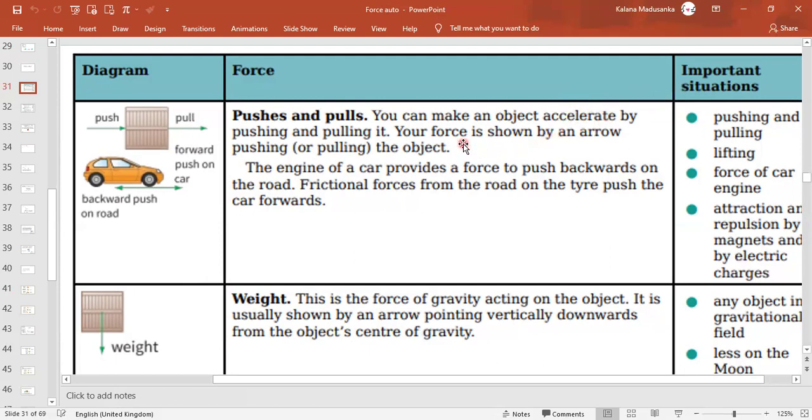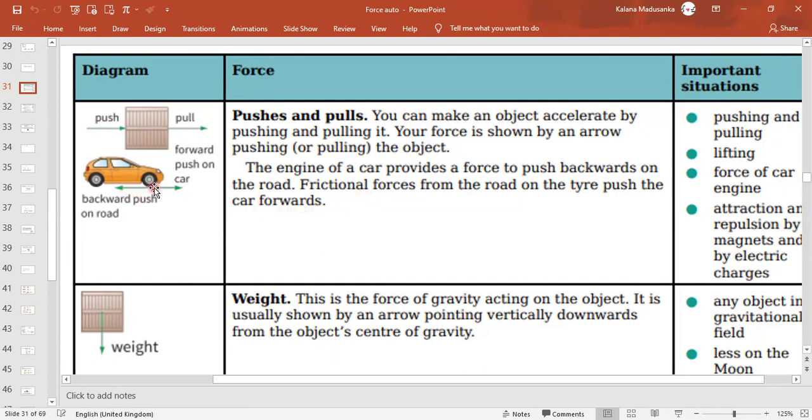And since force is a vector quantity, it has a specific direction, which you can denote by using an arrow. For example, the engine of a car provides the force to push backwards on the road, and frictional forces from the road on the tire push the car forward, right?